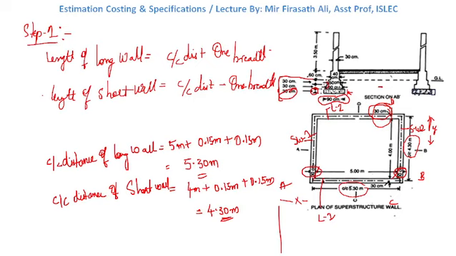How many foundations do we have over here? We have 2 foundations, and we have 1 plinth. So brickwork in first foundation, second foundation, and plinth.